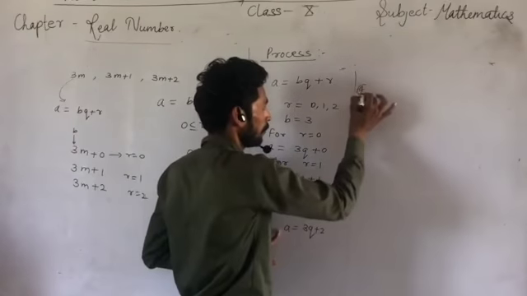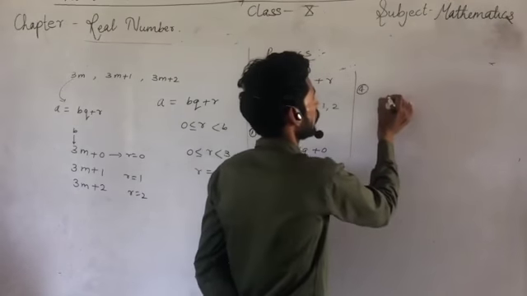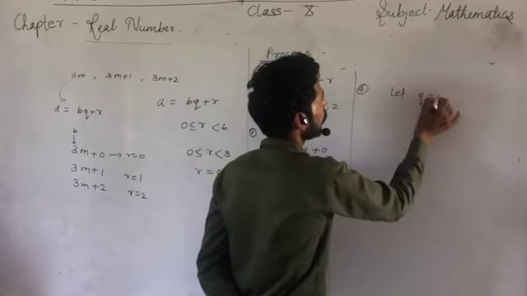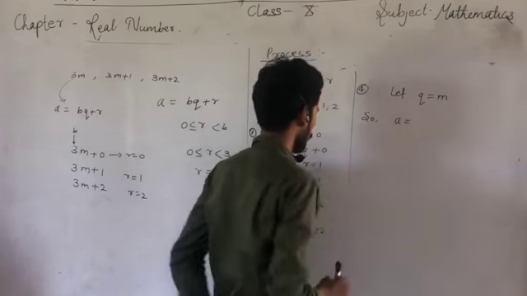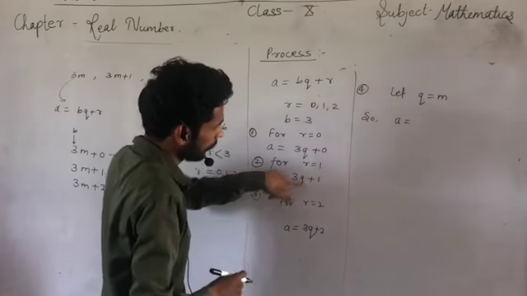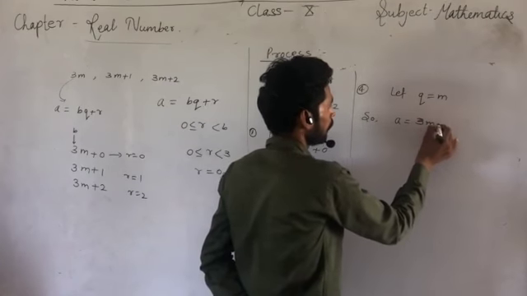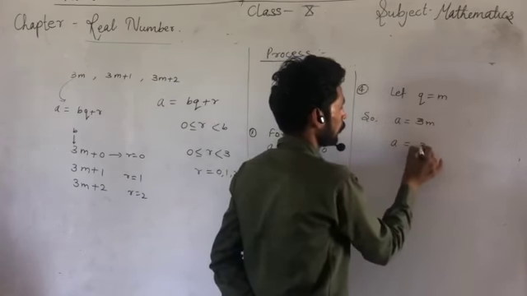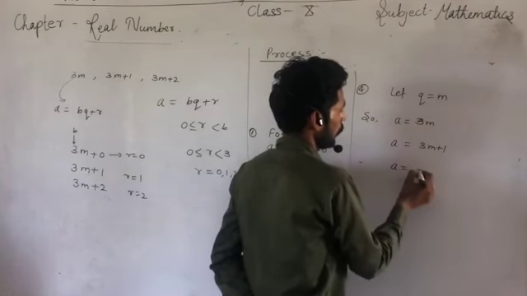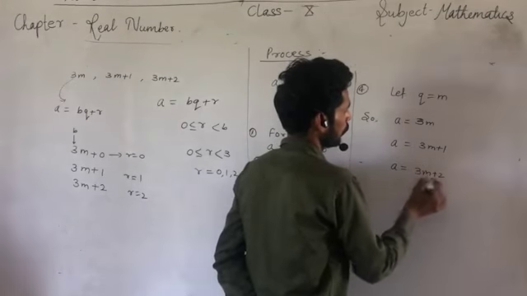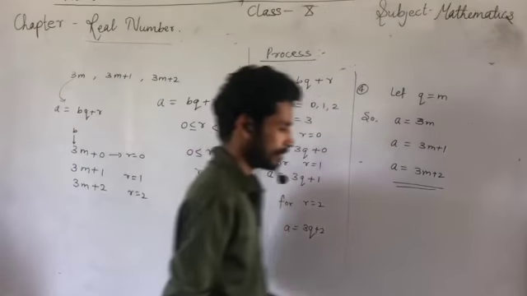In step number 4, let Q equal M. So A equals, putting M in place of Q, 3M. Next, A equals 3M plus 1. Next, A equals 3M plus 2. These are positive integers. Now, exercise 1.